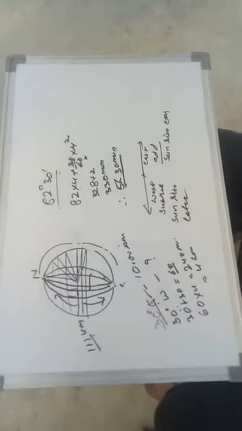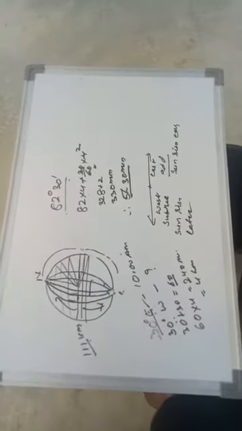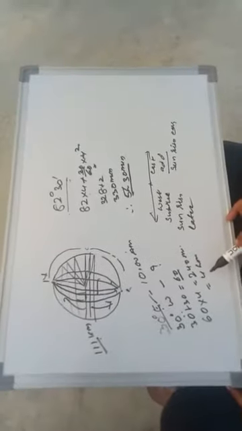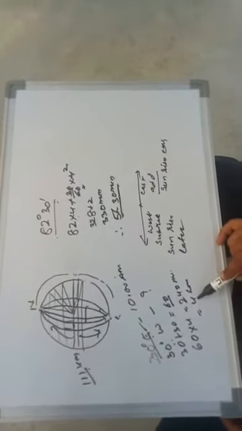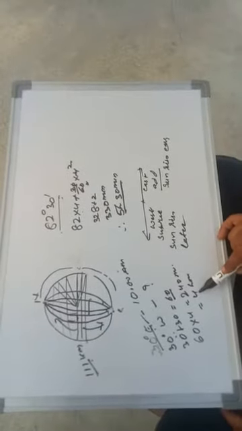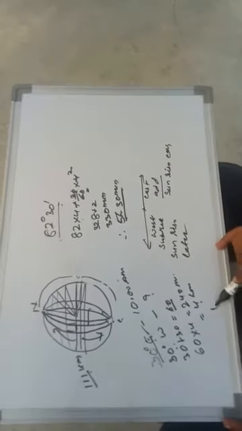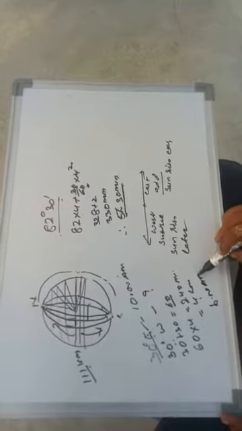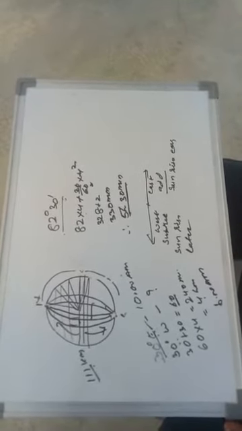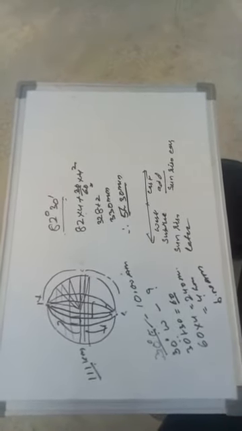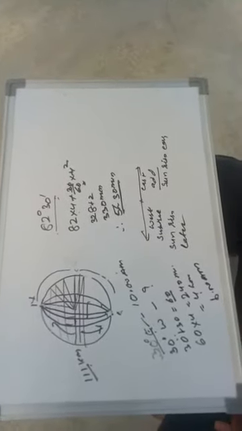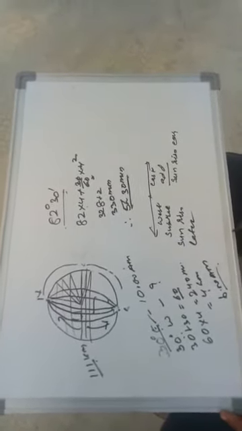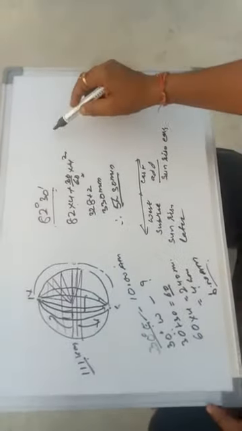If it is 10 a.m. at 30 degrees east, then at 30 degrees west it is 4 hours earlier, we have to subtract. It means it is 6 a.m. in the morning. Same way, if we have to go in the west direction, the same calculation will come.